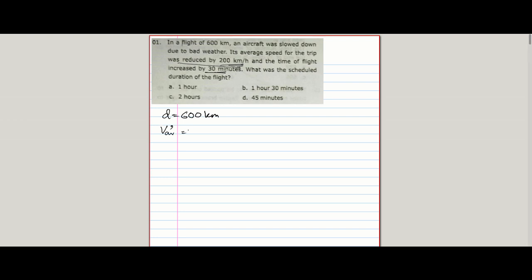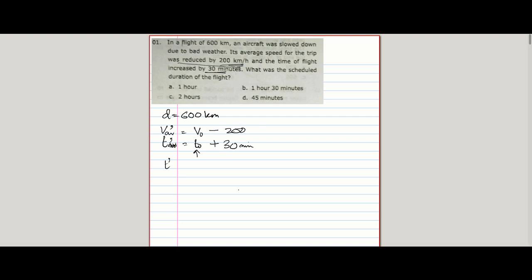New average velocity is old average velocity minus 200, and the new time is the old time plus 30 minutes. So that all the units are the same, we'll convert 30 minutes into hours, because we have 200 kilometers per hour.